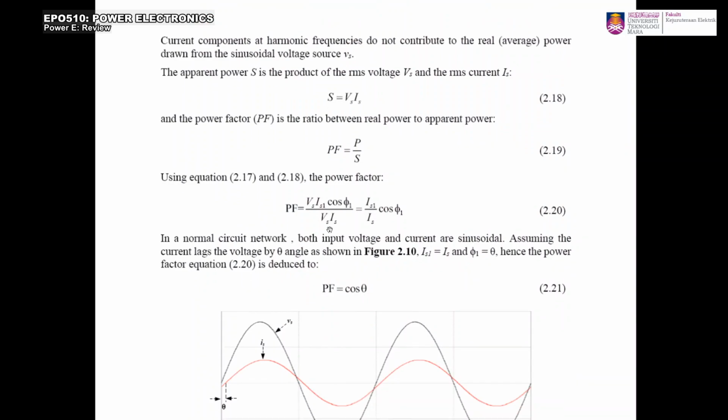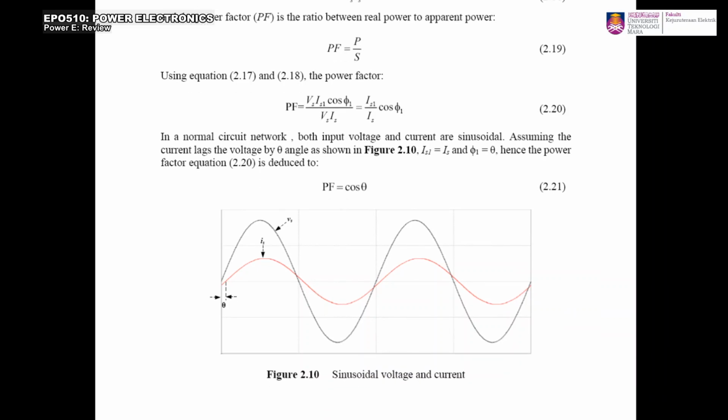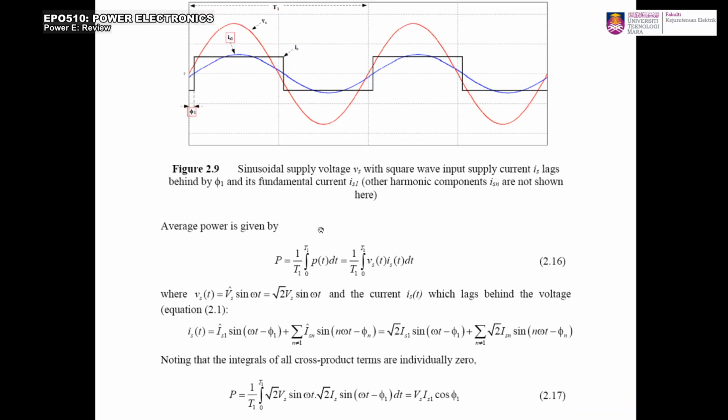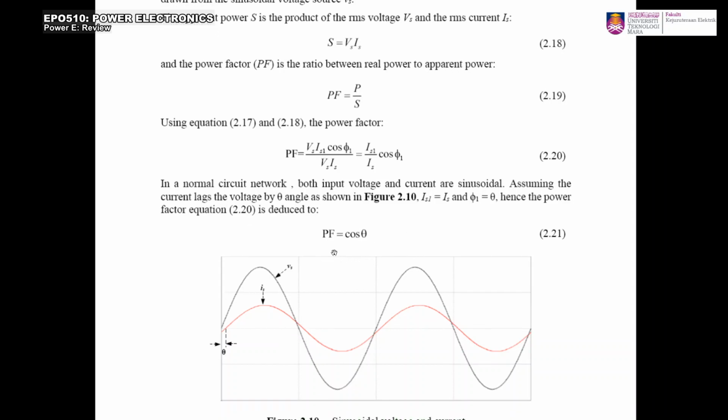So I show you here what is a power factor for a non-sinusoidal current, and now we have a sinusoidal current, and that's why for a sinusoidal current, before this you always define power factor as cos theta, isn't it?